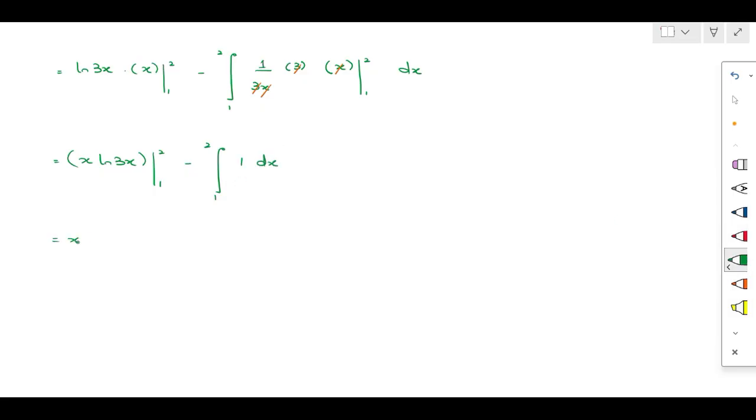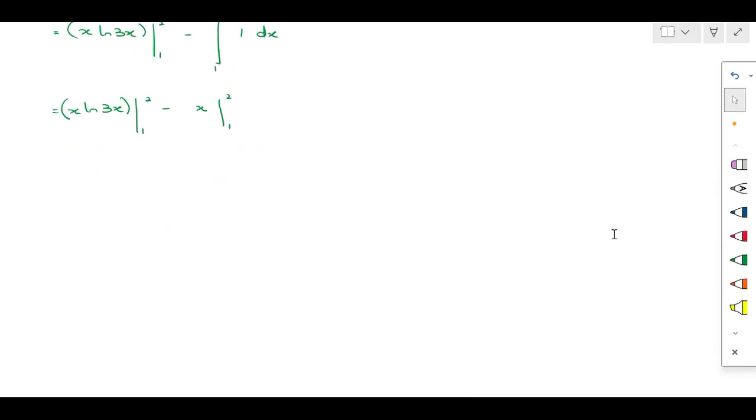So x natural log of 3x from 1 to 2, minus the integration of 1 with respect to x, which is x, with limits from 1 to 2. Let me combine both, it is better. So we have x natural log of 3x minus x, and the limits are from 1 to 2.